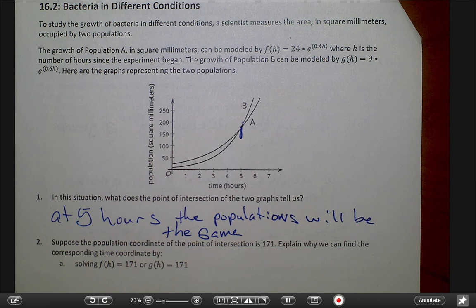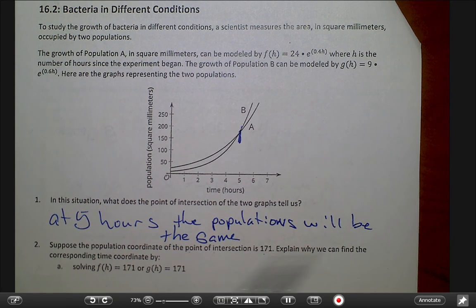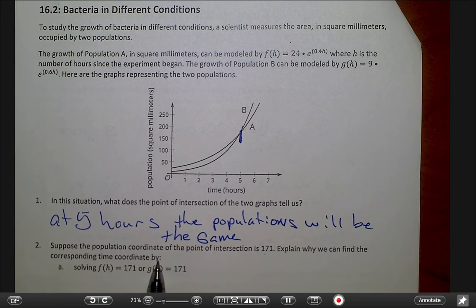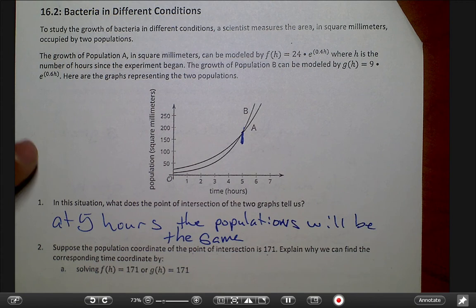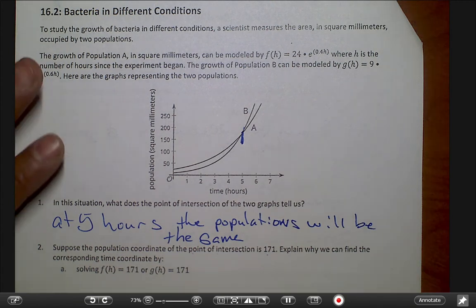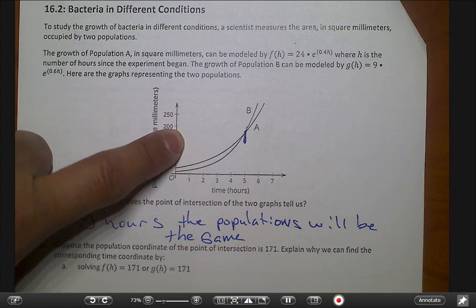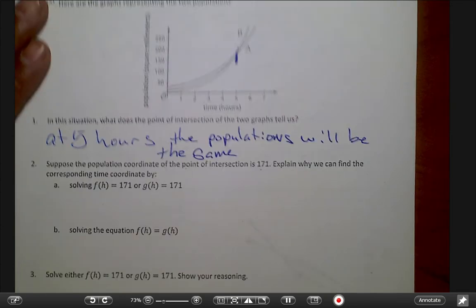Okay. Now, suppose the population coordinate of the point of intersection is 171. Explain why we could find the corresponding time by this. So I know that both of them are going to have the same value, right? So we're going to do this mathematically. Right now we just did it from the graph. Now we're going to do it mathematically.